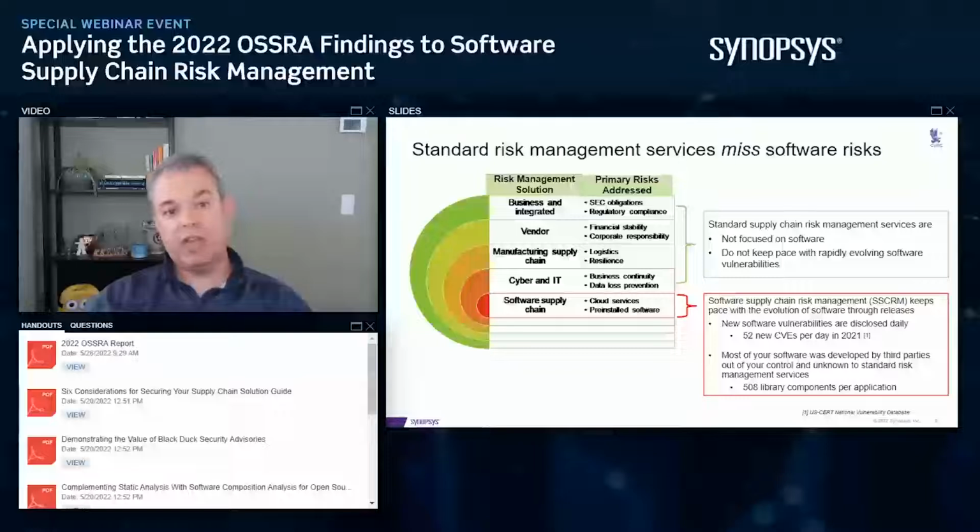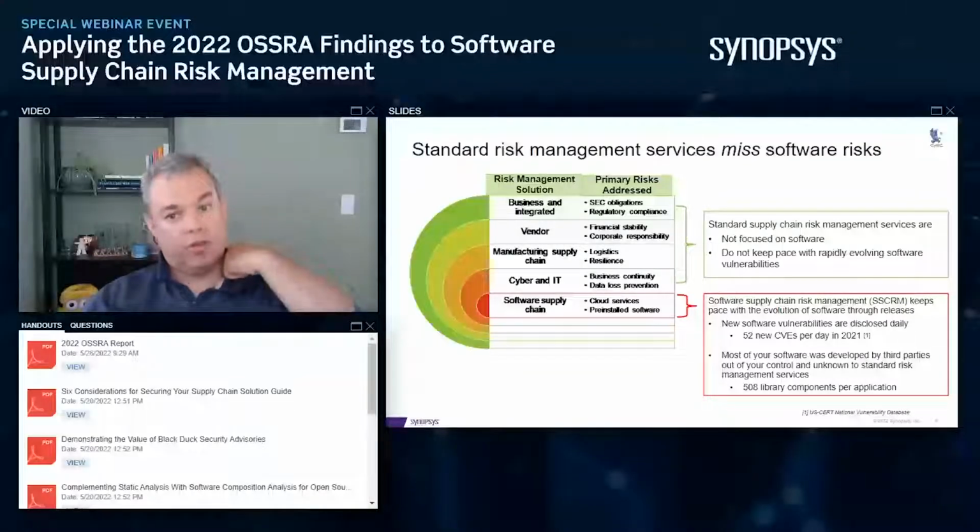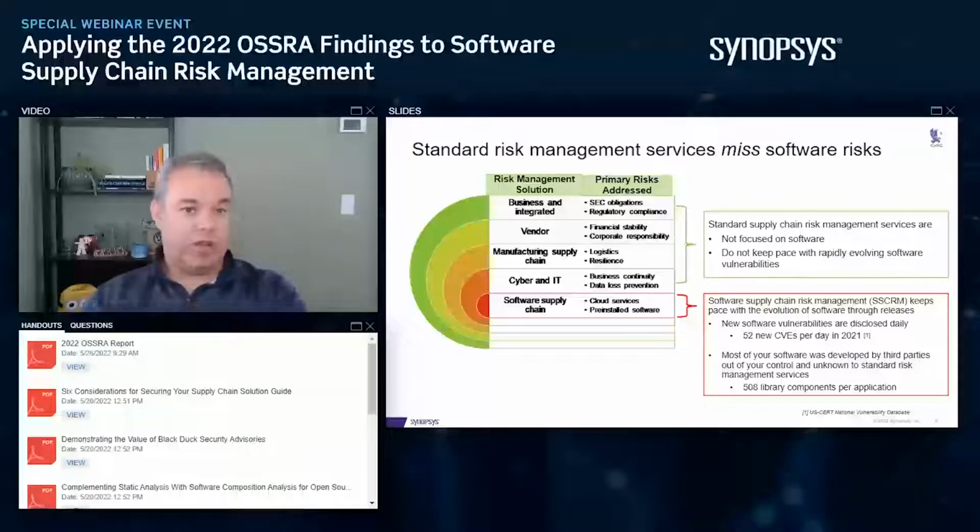Last year it was 52 a day on average, or the number of library components that might be in an application. In the OSSRA data that we see this year, that's 508. So if you've got 508 potential components that could be compromised with every single application that an IT organization is being charged to operate and manage, from firmware all the way through to line of business applications, that becomes a real challenge.